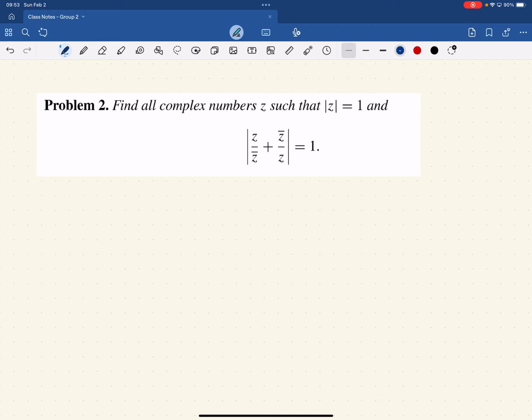And this is a big thing. So then you'll be looking at how to maneuver this, because it's a modulus. So you've got to make sure this modulus equals 1.